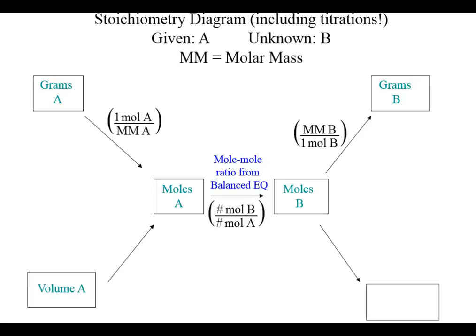In the bottom left box, you should put volume of A. And volume could be given either in milliliters or liters. The conversion factor to get from volume of A to moles of A is moles over liters, which is really just molarity.